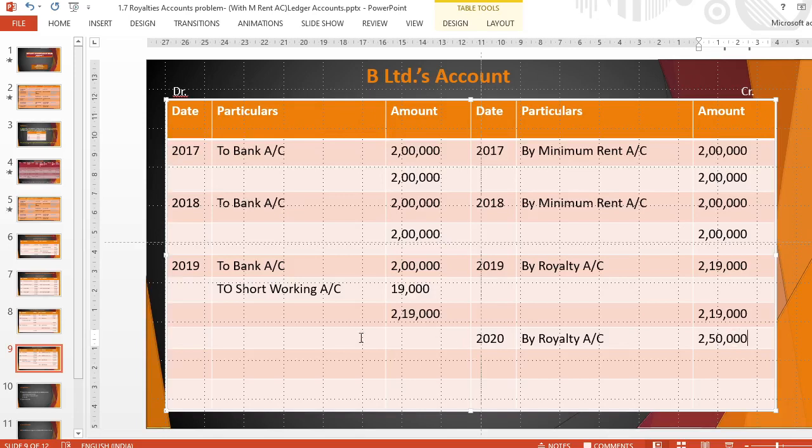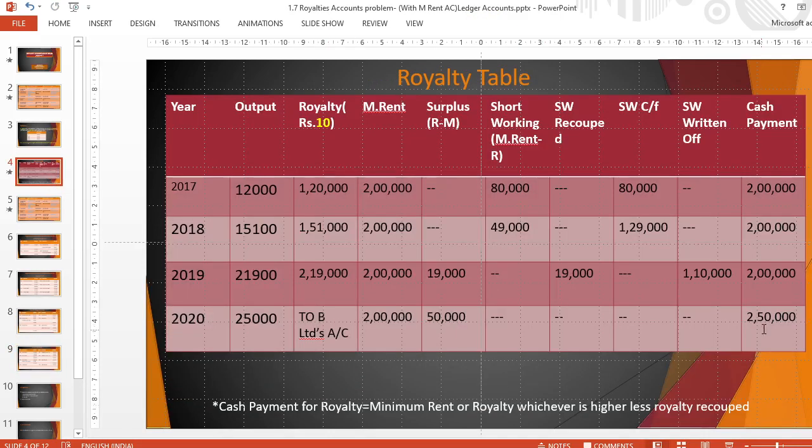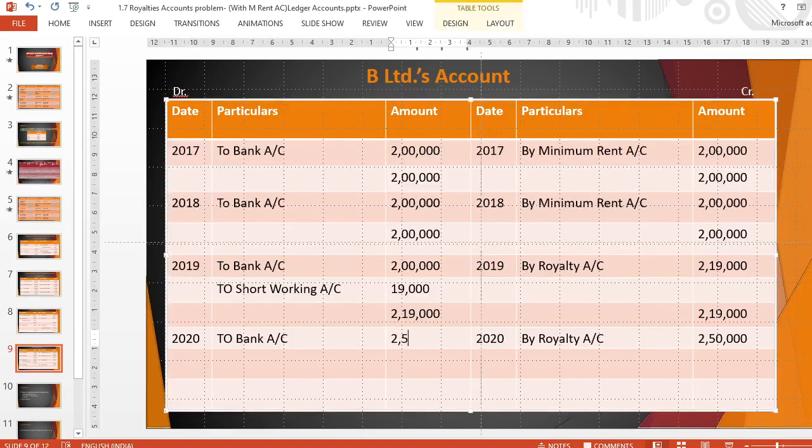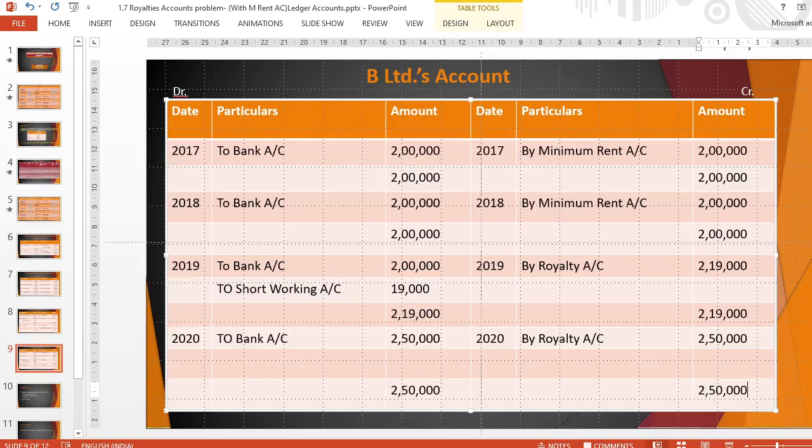And here is the final payment in the year 2020 to bank account. You can check the final payment: the final payment in the year 2020 was 2 lakh 50,000, so I'll record 2 lakh 50,000. There is no further transaction, so I'll close the books for the year 2020, with 2 lakh 50,000 on both the debit side and the credit side.